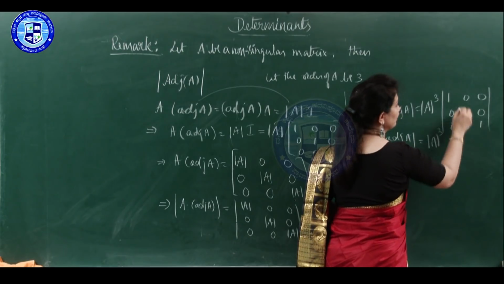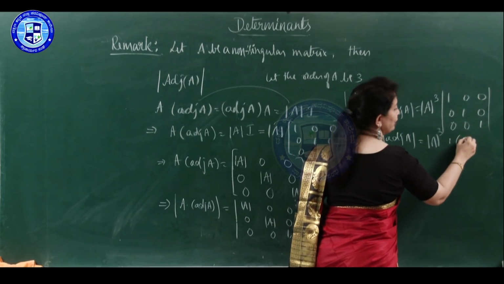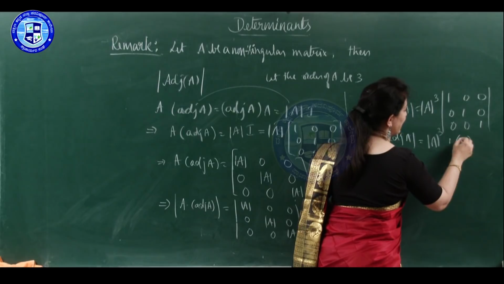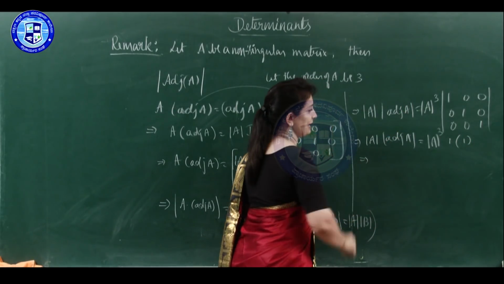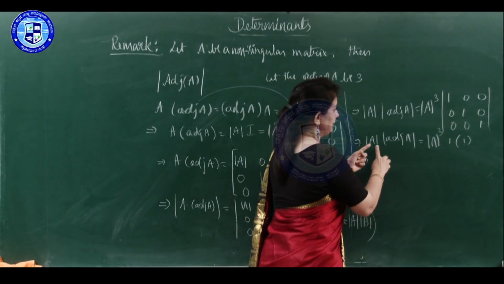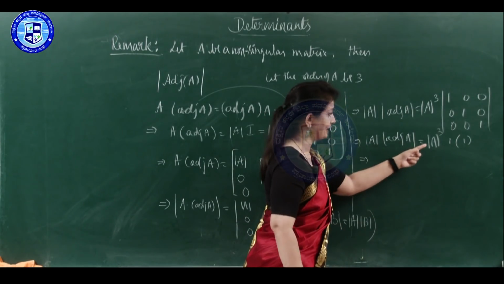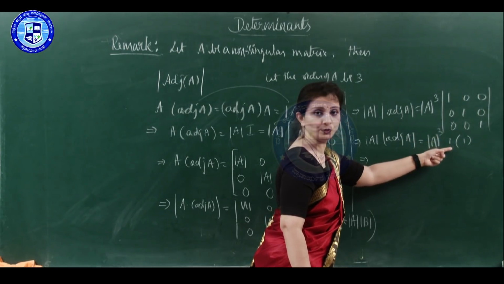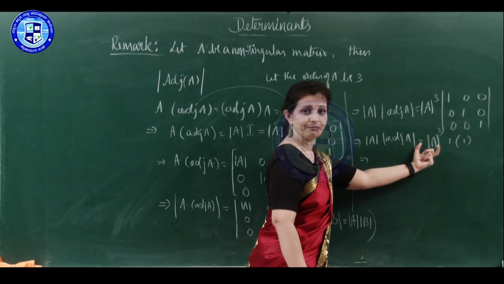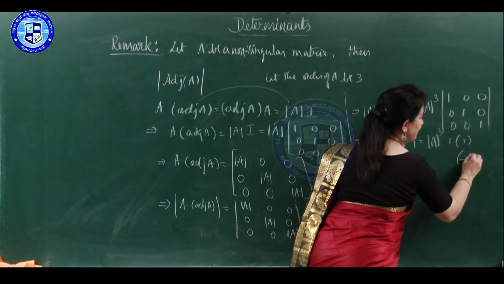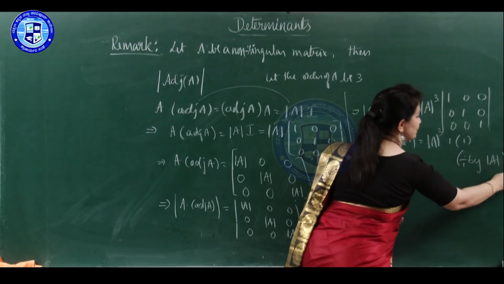1 into 1 into 1, or simply 1 we have, which implies, now here determinant A into determinant of adjoint A is equal to determinant A the whole cube. So, dividing the whole equation by determinant A, what do we get?